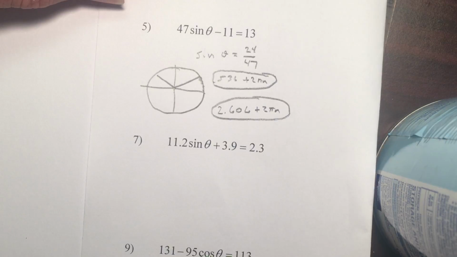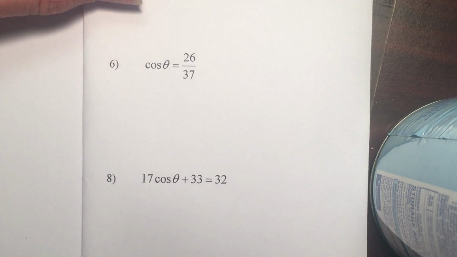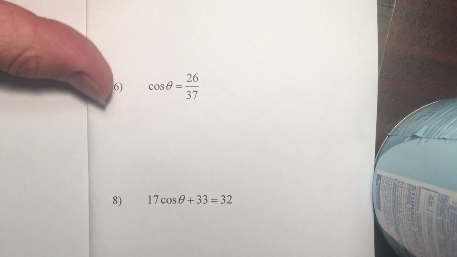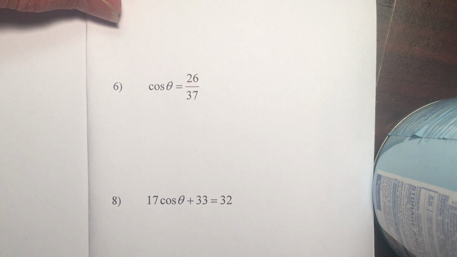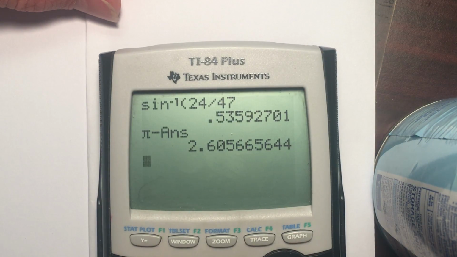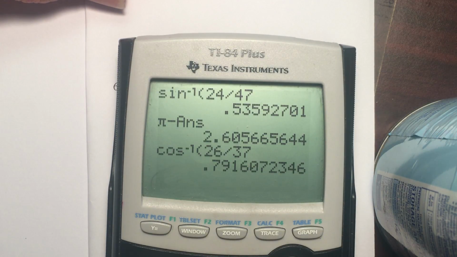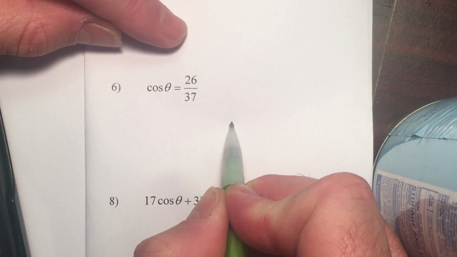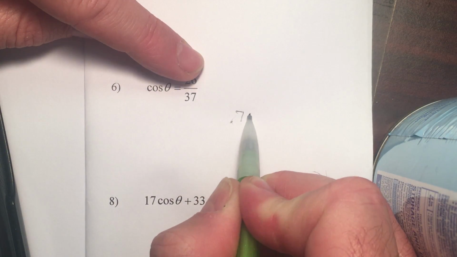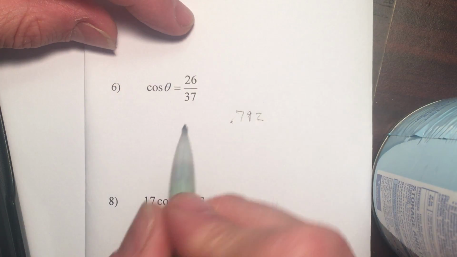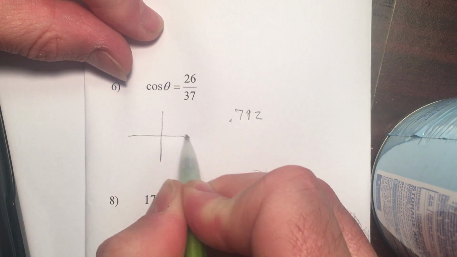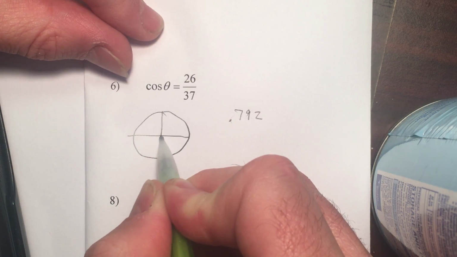So let's do this cosine one here, number 6. Cosine is positive to the right.